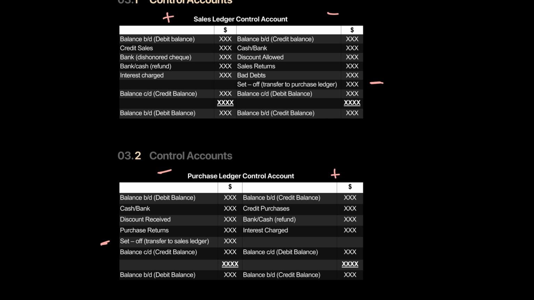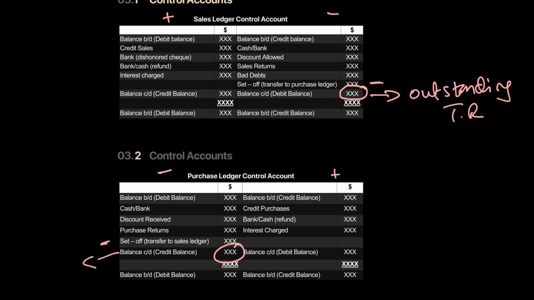Now, once we can enter this, we can find our outstanding trade receivable balance. That's your balance carried down. This is the outstanding trade receivables at the end of the year, and this is the outstanding trade payables at the end of the year, right?